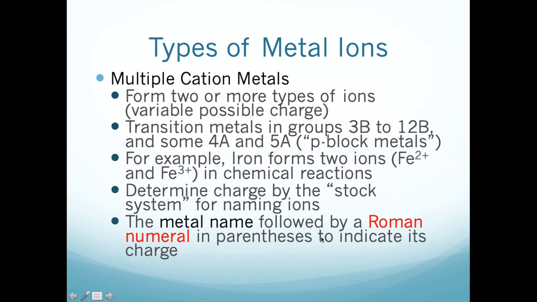So you can have an iron 2+ ion or an iron 3+ ion, which again yields some really interesting chemistry. I think back in chapter 3, I talked about how we're able to absorb oxygen from the air because of iron's ability to do this. The iron in the hemoglobin in our blood is in this +2 form. When it absorbs oxygen from the air, it's able to do so because it changes to this +3 form.